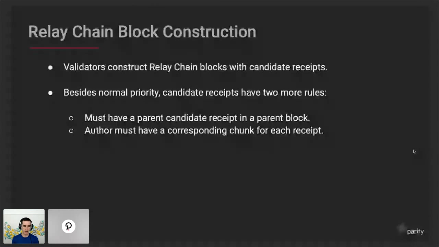We can't just take a block that doesn't already have a finalized parent, or it doesn't even have to be finalized, but you have to be building on a chain that has a parent to that block. And then the author also must have a corresponding chunk for the receipt. I'll get into a little bit later why we're doing this erasure coding and why availability is so important. But if you have a candidate receipt but you don't have the chunk for it, you're just not going to include that in your update.